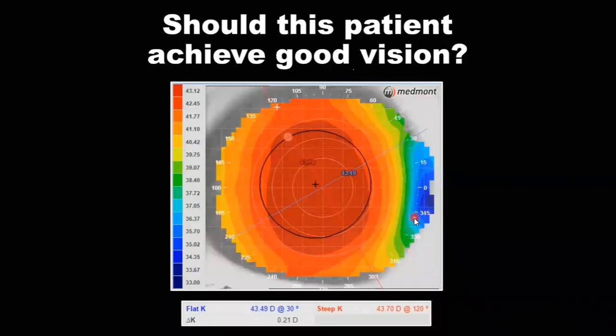This is an axial map, or you can also call this map a tangential map or a sagittal map. Axial and sagittal are both the same. So should a patient having this kind of cornea achieve good vision with a spectacle?